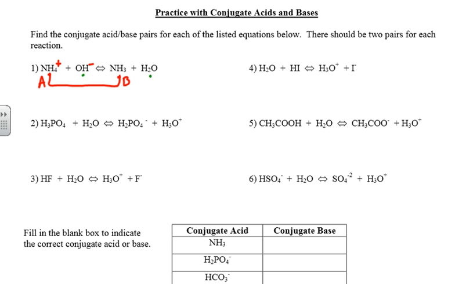If we take a look at the other pair, hydroxide and water, the substance in this pair that acts as the acid will have an extra hydrogen. So in this case, the water is an acid and the hydroxide is the base. Okay. So let's take a look at number 2.